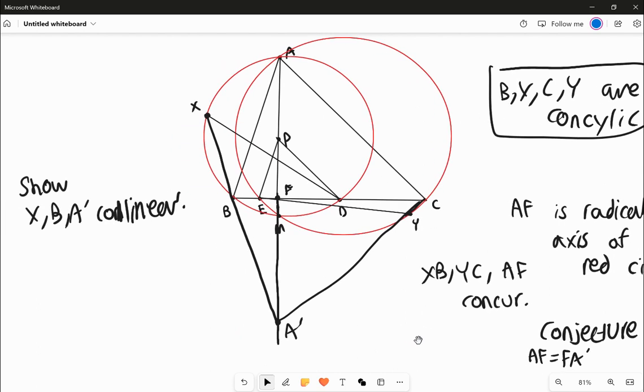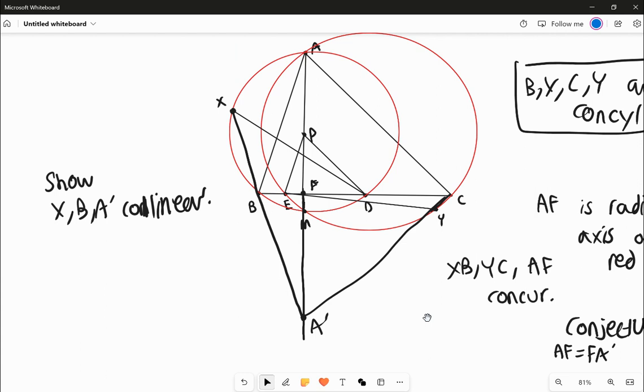And here's where directed angles come in. We can choose a point arbitrarily and show that angle PBX is equal to angle PBA prime, no matter what. Or some other point. It doesn't necessarily have to be P. Might as well choose a line BC because it has a lot of points on it. So we might want to show that directed angle CBA prime is equal to CBX.